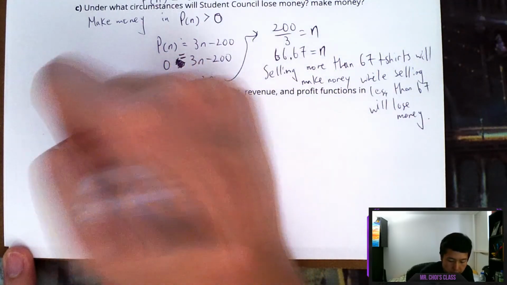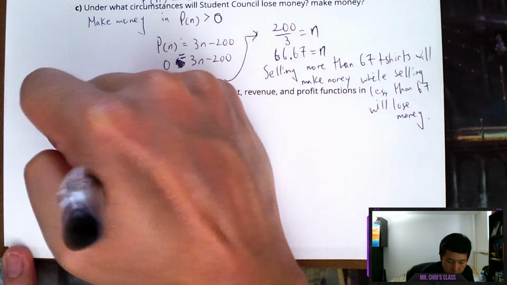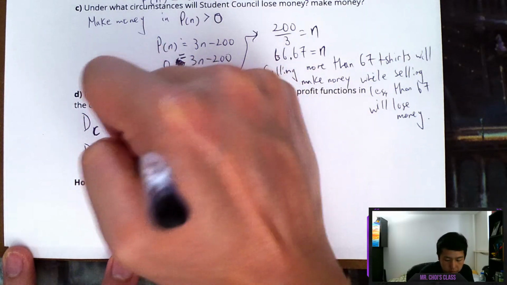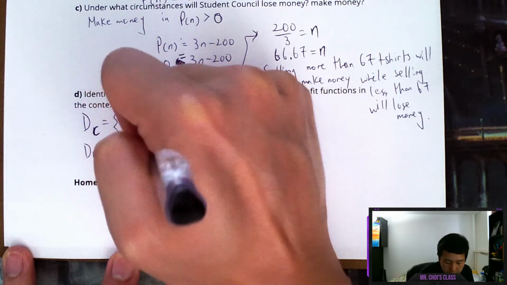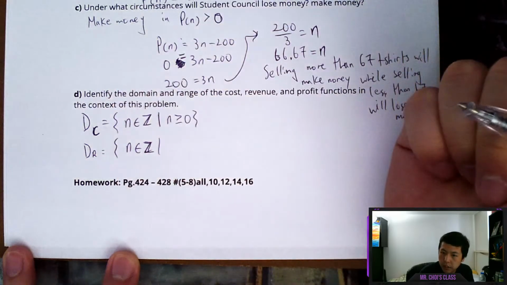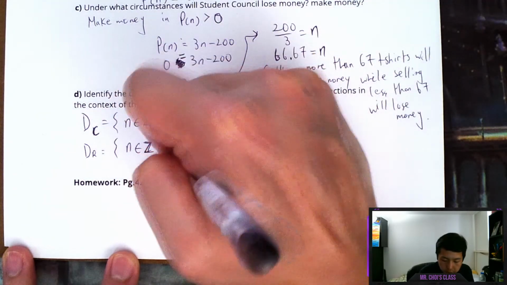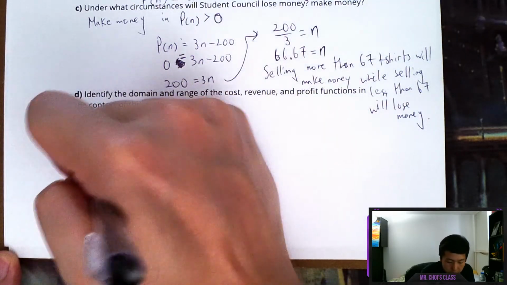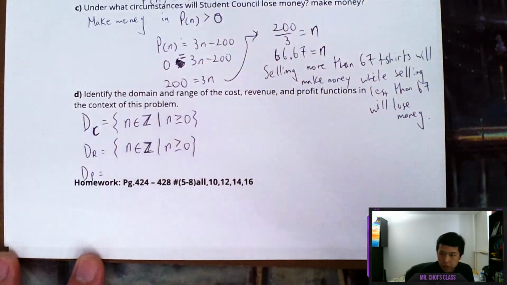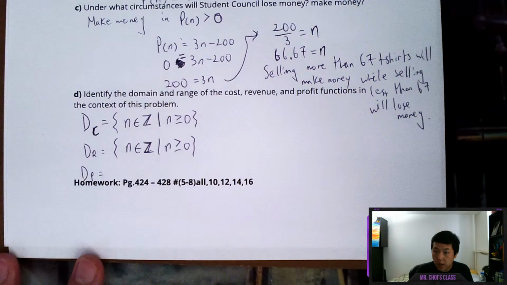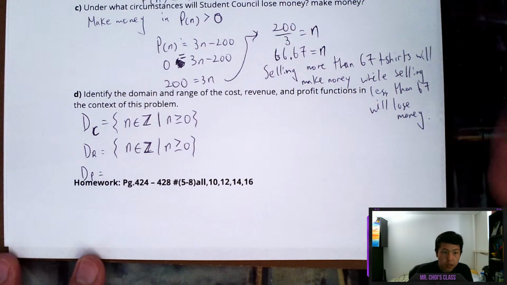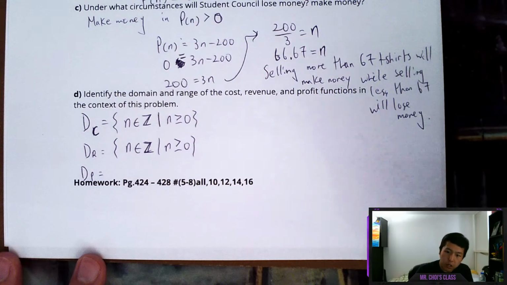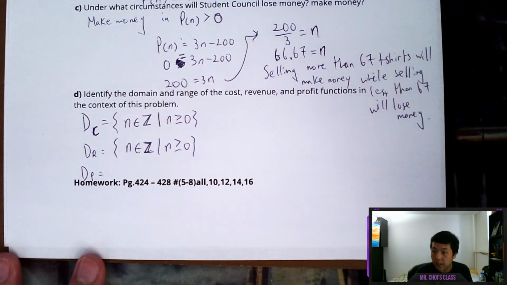Which means the domain of R, the revenue, is the same idea, right? Where it's limited on the t-shirt, so it's the set of integer numbers, and N has to be greater than or equal to 0. Following the rule, when we add or subtract functions, the function that exists is where the domains intersect, right? Are these domains intersecting? Yes.